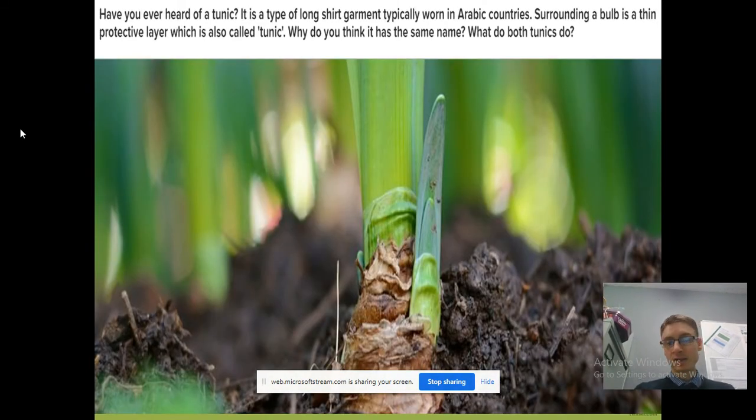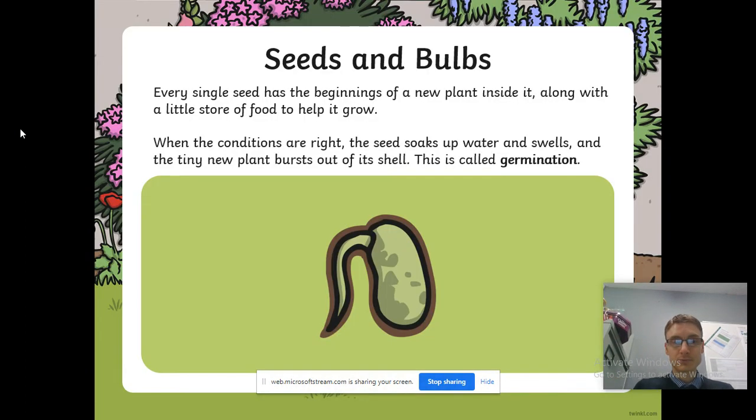Now it says, have you ever heard of a tunic? Well, it's a long shirt garment typically worn in Arabic countries, and it goes all around the bulb. It's a protective layer, to basically protect that bulb. So, seeds and bulbs.